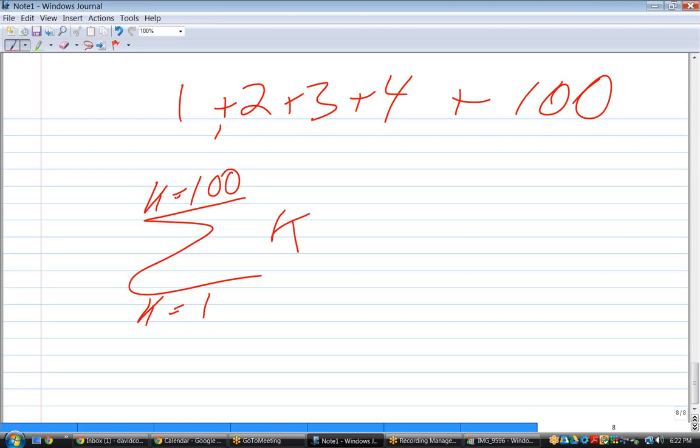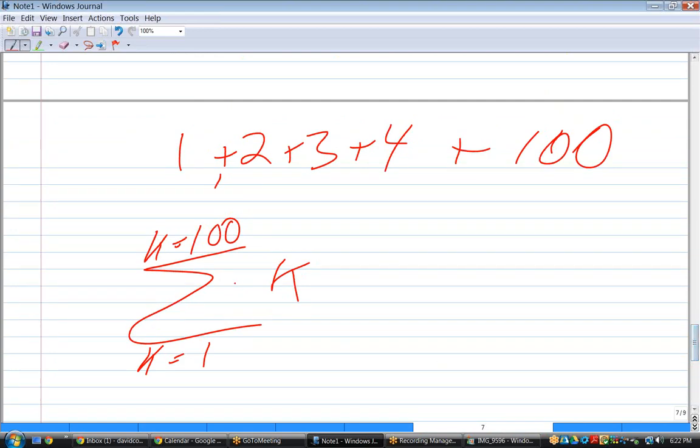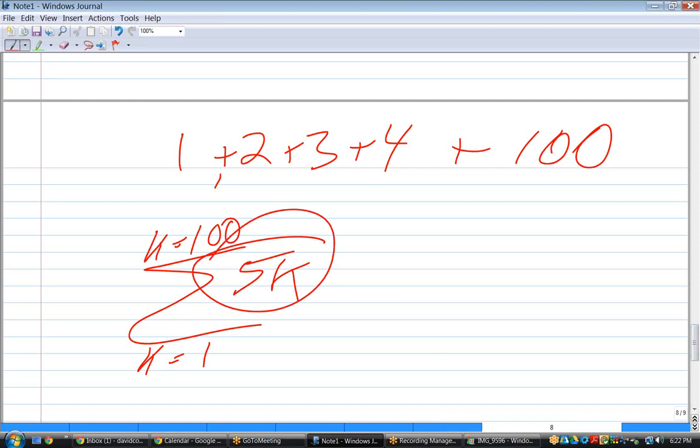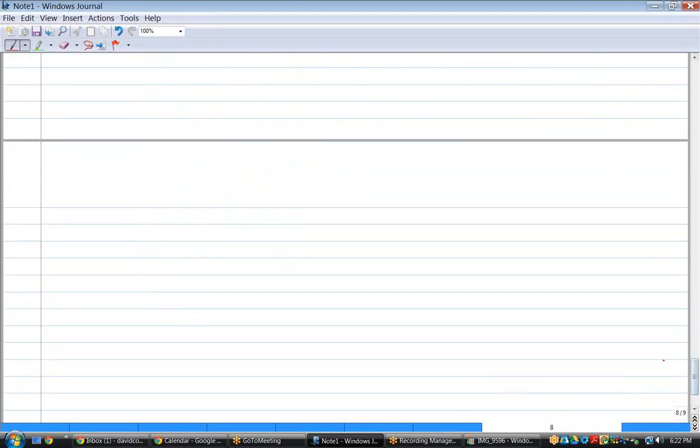That's it. The next one is essentially the same, except it's going by increments of 5, so 5k is probably what goes in there. Yes. And question number 3 is just an expansion that I can do.